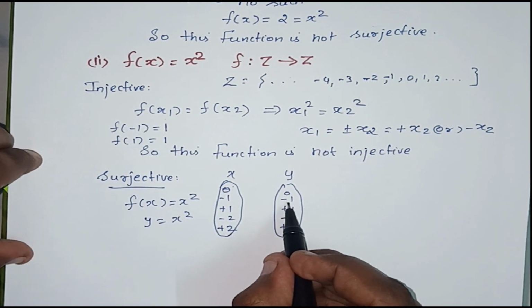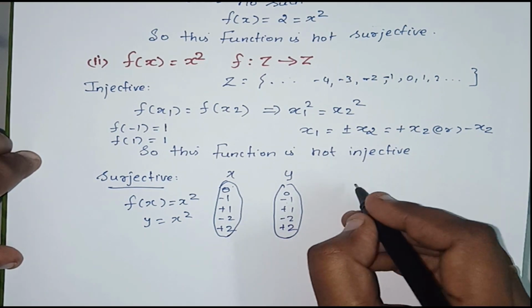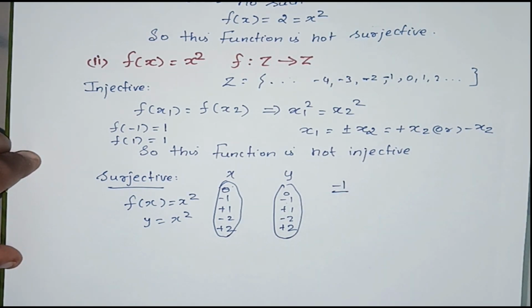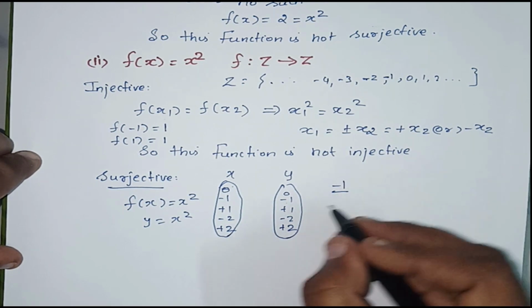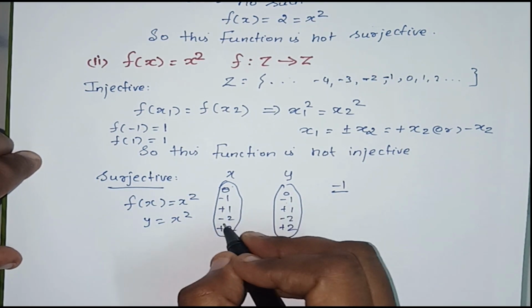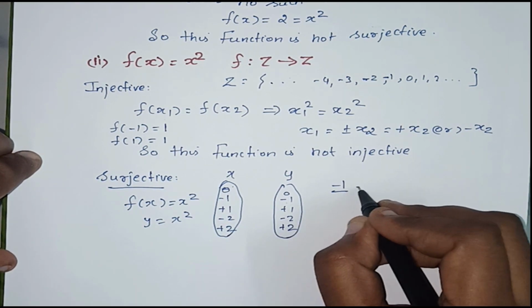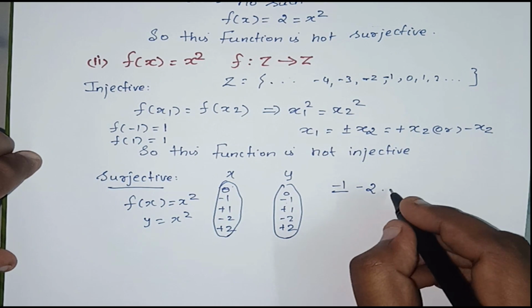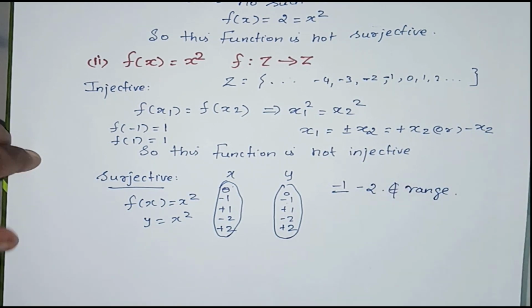So -1 is not the square of any number, right? So -1 does not belong to the range. 1 square is 1, 2 square is 4. So -2 is also not in the range, right?